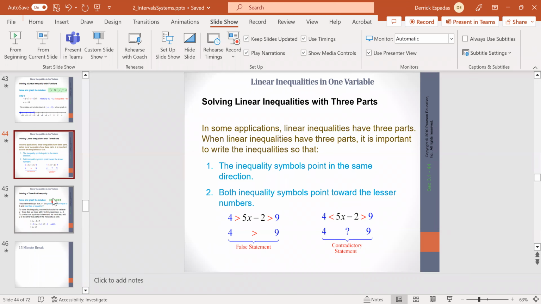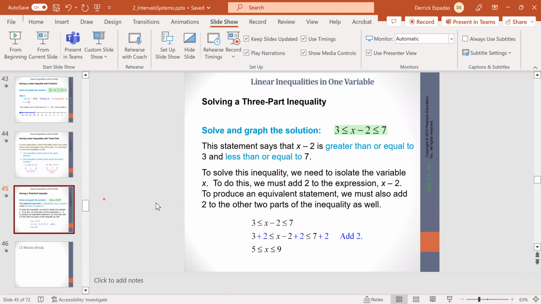And essentially what you're going to do is move that -2 over. So we're still trying to isolate X. But in this case, what you do to the middle, we have to do to both sides.